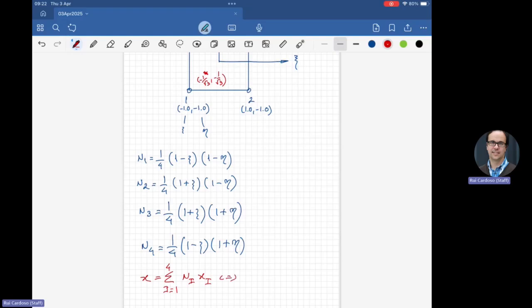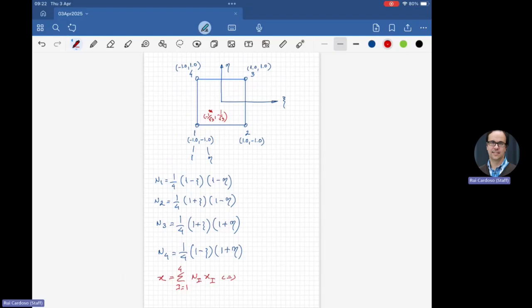Or, x is going to be equal to n1 times the x coordinate of node 1, plus n2 x2, plus n3 x3, plus n4 x4. Okay? And then the only thing I have to do is to replace in these shape functions my c and eta by the coordinates of this point.